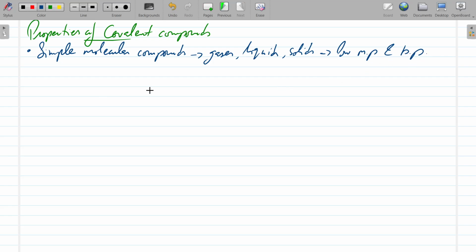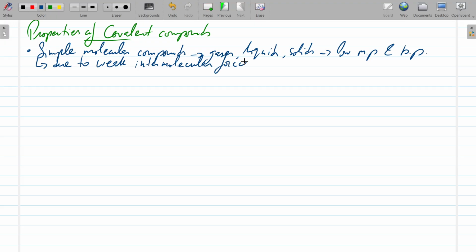The reason for that is because the intermolecular forces are weak. So the low melting and boiling points are due to weak intermolecular forces.